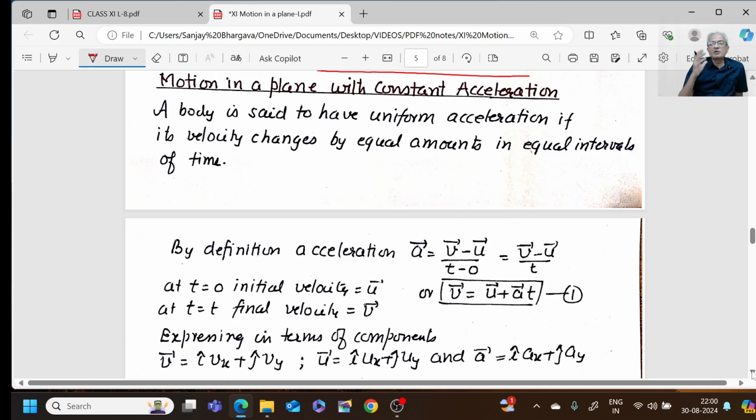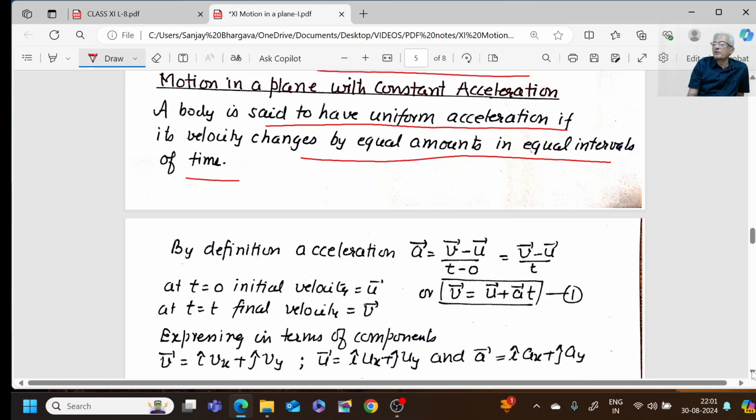Now, when is the body said to have uniform acceleration? When it has a velocity changing by equal amounts in equal intervals of time. So we have written: a body is said to have uniform acceleration if the velocity changes by equal amounts in equal intervals of time.